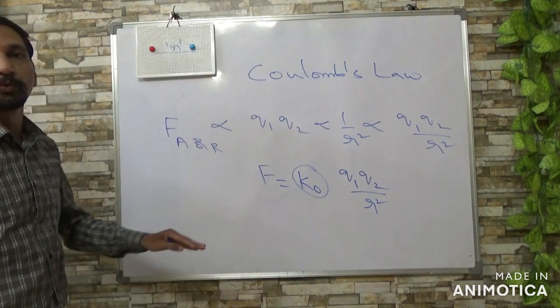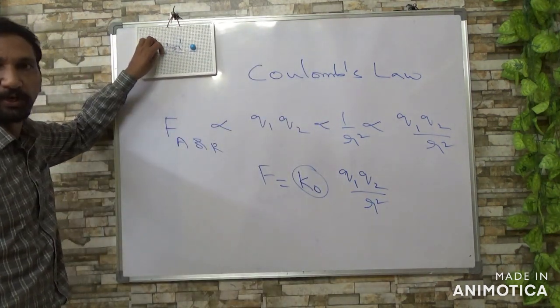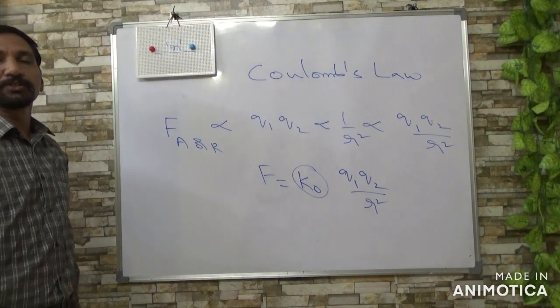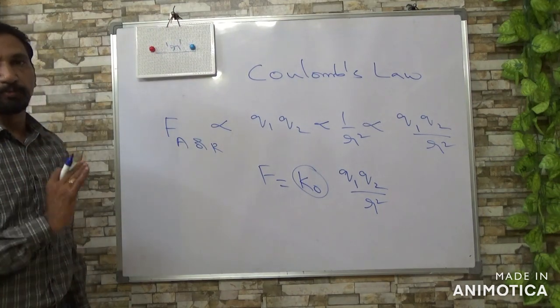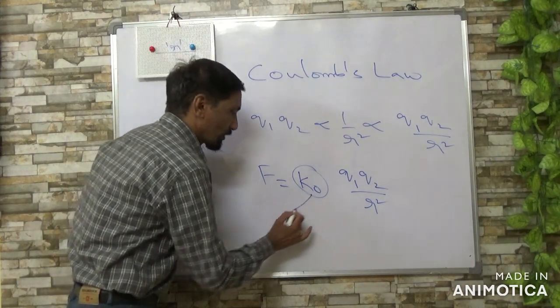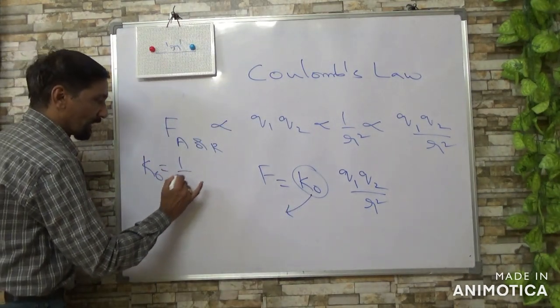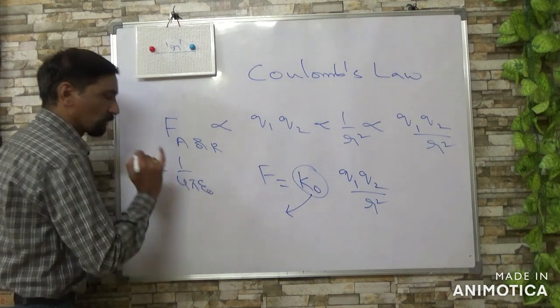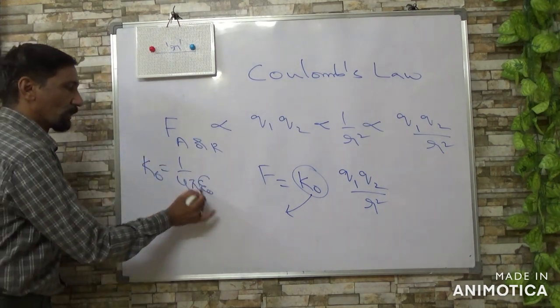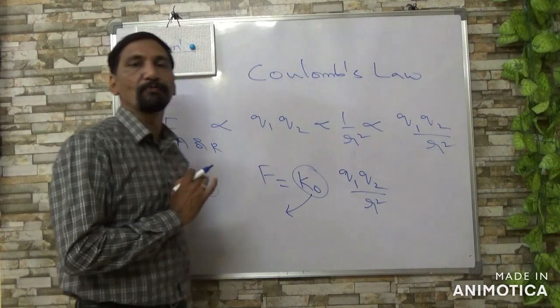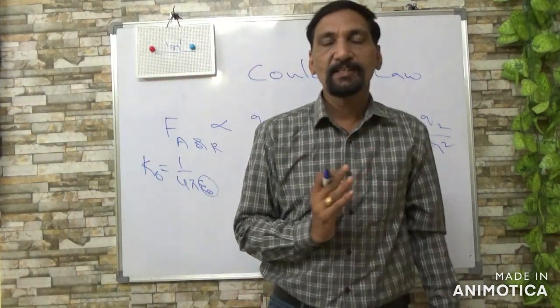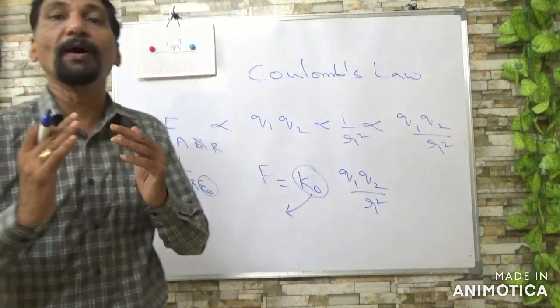Here Q1 is the charge on the first body and Q2 is the charge on the second body. This constant K naught is taken as 1 by 4 pi epsilon naught. Epsilon naught is called the permittivity of free space, meaning the response of vacuum.